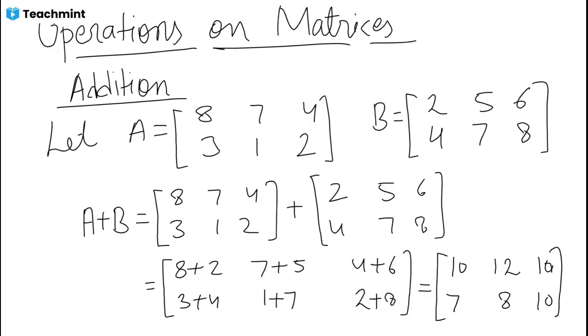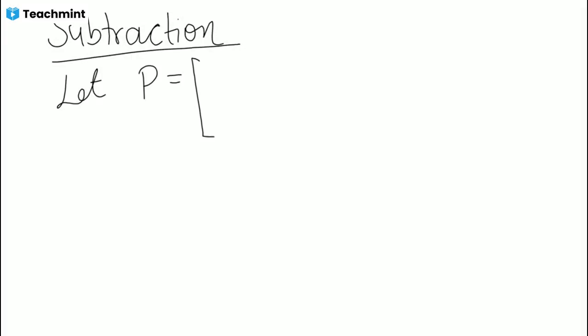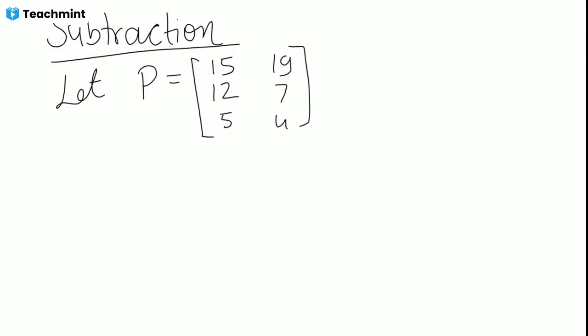Okay, now let us do the next operation. Let us understand by using an example. Let matrix P have elements 15, 19, 12, 7, 5, 4, and matrix Q be 9, 4, 5, 3, 2, 1.